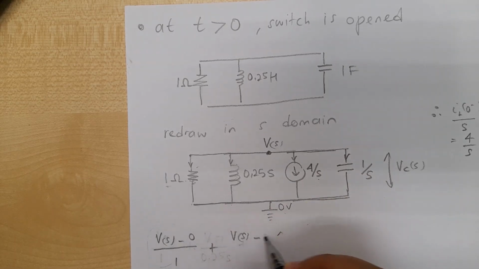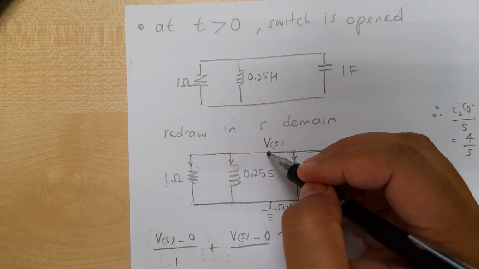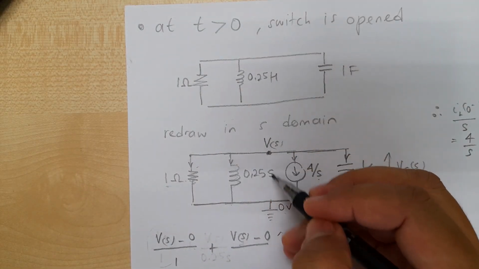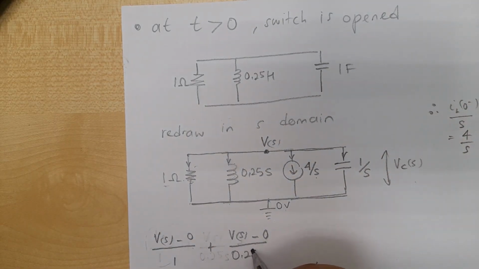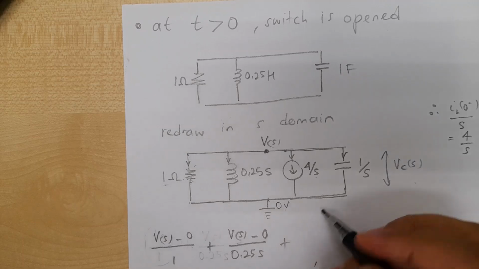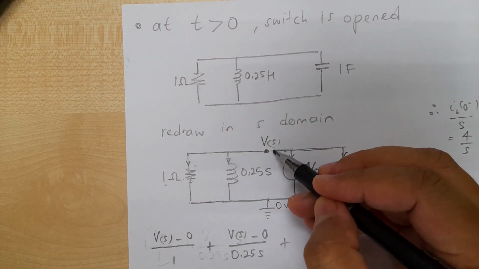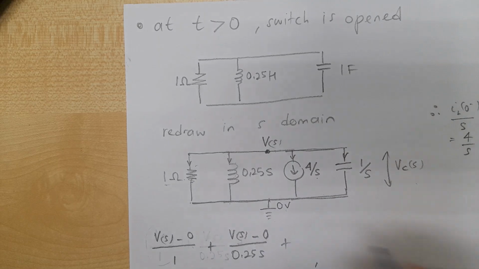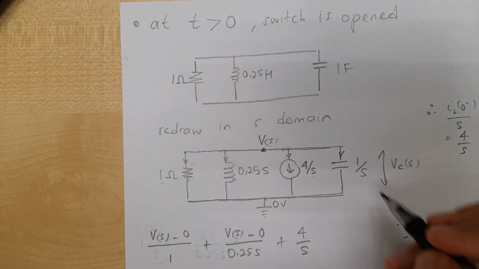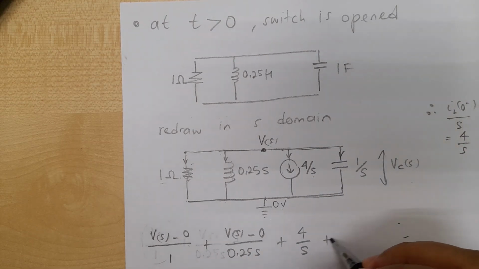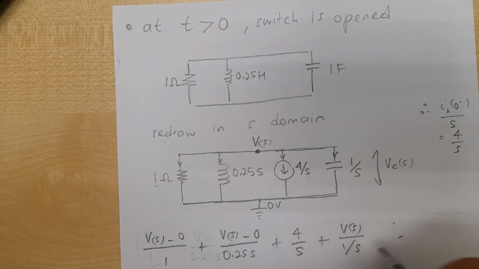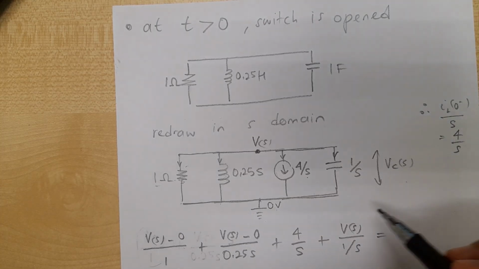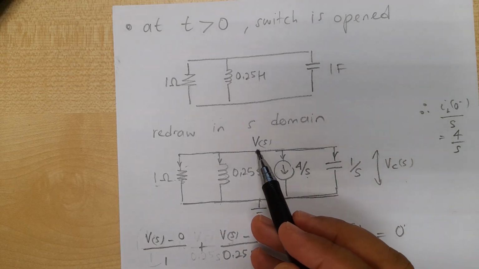Then Vs minus 0 volt divided by the impedance 0.25 S, plus, here no need to do voltage divided by impedance, because we already know the current, which is 4 over S, and then Vs over 1 over S, and then 0, because there is no current going into the terminal.